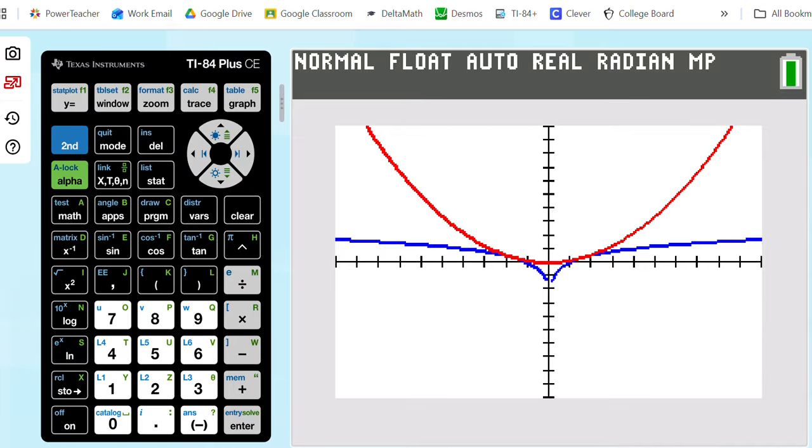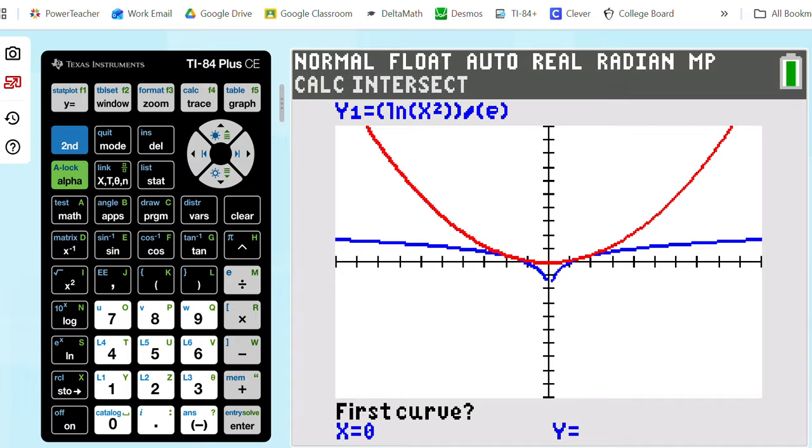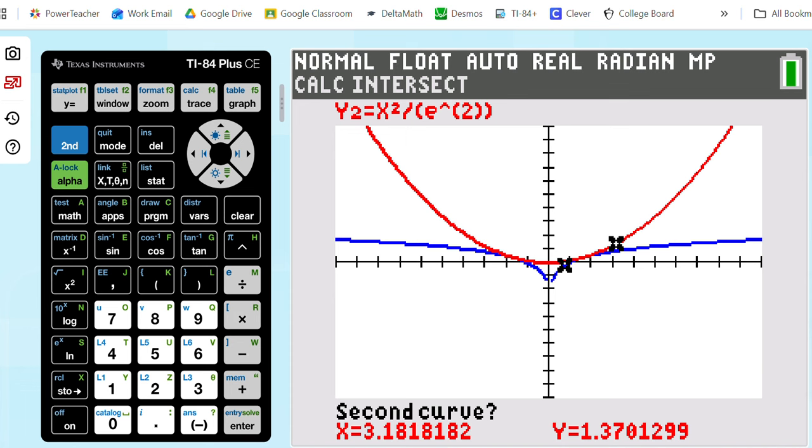If we go in and look for the intersection point, it looks like that happens at 1.6487208.